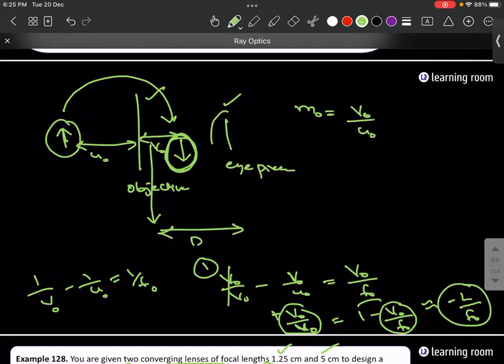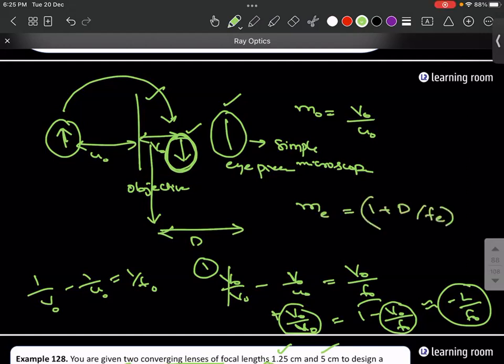Then this eyepiece is actually acting like a simple microscope for this object. So what is the magnification produced due to a simple microscope? It is 1 plus D divided by Fe when the image is formed at the least distance of distinct vision, whereas it is D divided by Fe when the image is formed at infinity.